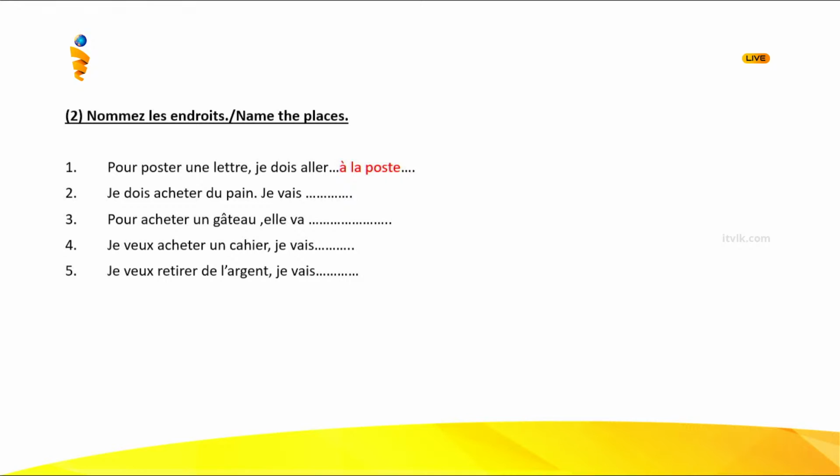You should go to the post office. So in French, to say the post office, you say "à la poste." So I write the answer as "je dois aller à la poste." Likewise, you need to go through each sentence carefully, identify the place, use the correct contracted article and the related place, and write your answer.